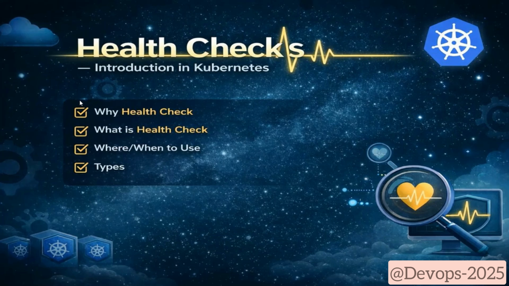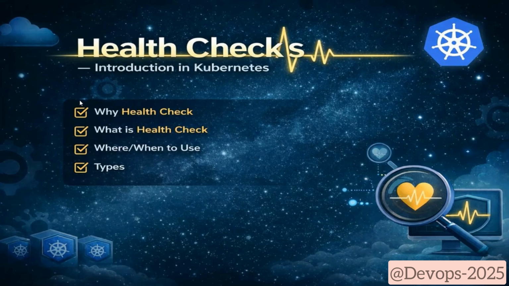Since Kubernetes is an orchestration platform, its job is not only to start the containers. Its real responsibility is to make sure the containers stay healthy, usable, and always live. And that is where health checks in Kubernetes come into the picture.